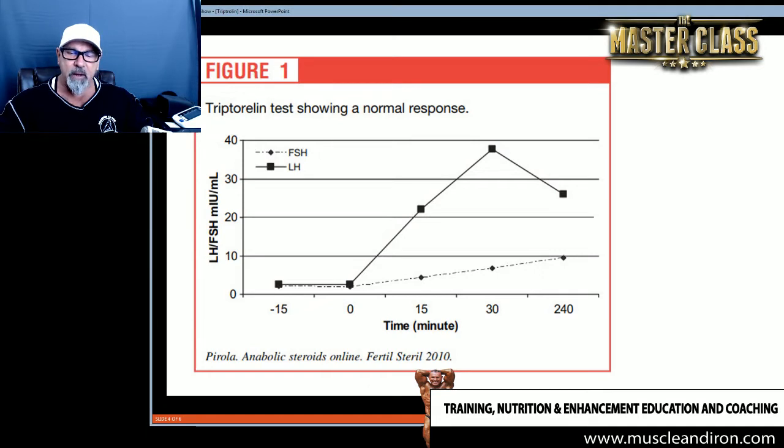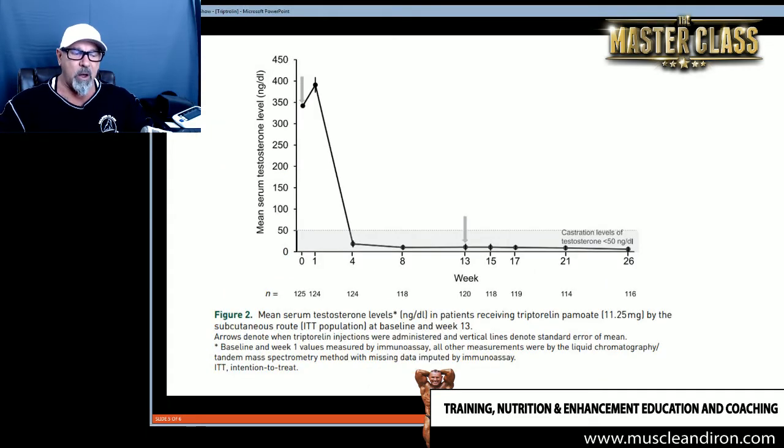Let's talk about the challenge, though, of using this drug in that capacity, and that is getting the protocol and the dosage and the quality of the product right. Because if you mess it up, you have the potential to make everything worse, potentially. This is a graphical representation of patients receiving triptorelin for the purposes of chemical castration.